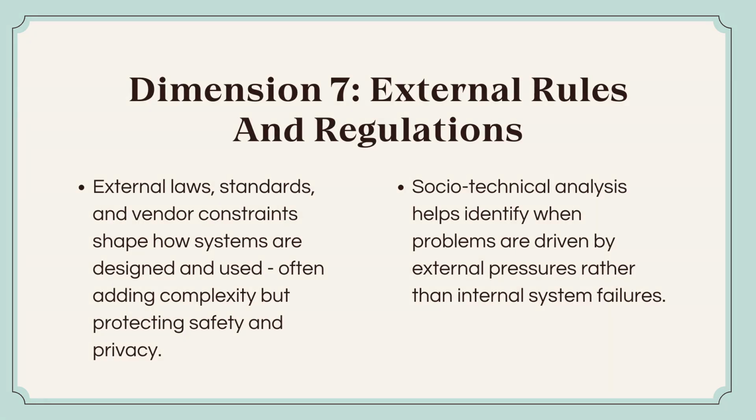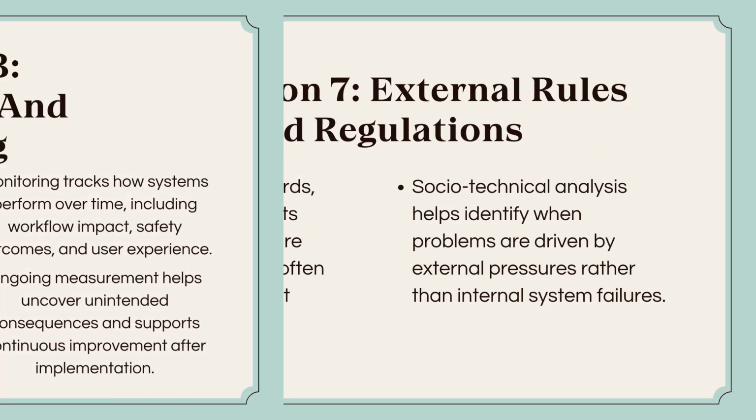Regulatory requirements can add complexity, limit flexibility, or introduce additional documentation and oversight, but they also play an important role in ensuring safety, accountability, and standardization. The socio-technical model highlights that system design must account for these external pressures, as they directly impact how technology is configured and how people interact with it in practice.